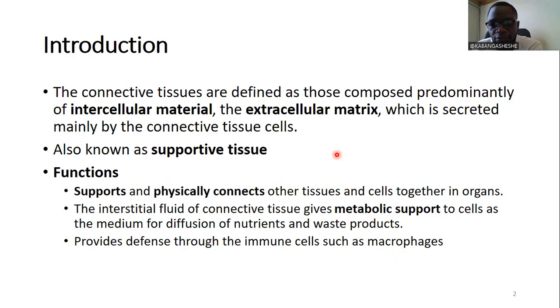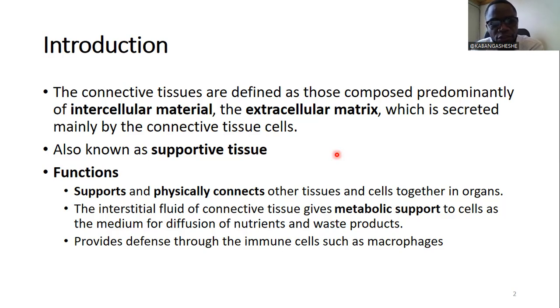So unlike epithelial tissue that we discussed earlier on, connective tissue has cells which are not firmly held together. We saw that in epithelial tissue, cells are tightly held together by intercellular junctions or connections.